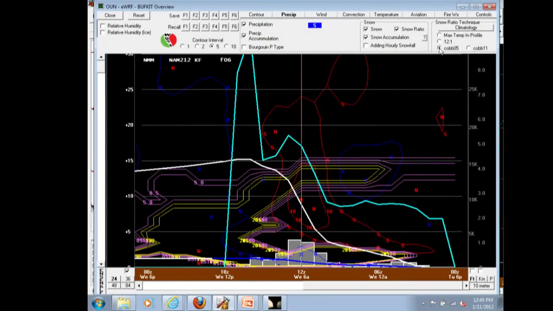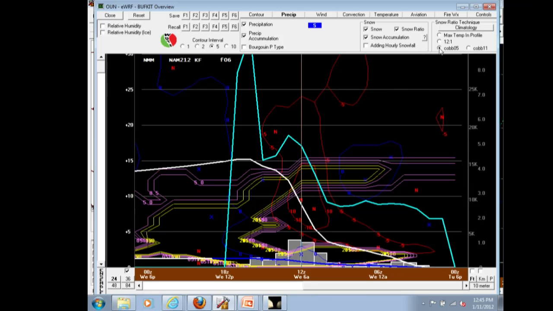Let's go to this one here. Now we're going to look at a ratio. This is a scheme that started out with actually a PhD dissertation from McGill University in Montreal. And then it was converted to operational use by Dan Cobb, who was the SOO in Caribou when he did his work. And he teamed up with Jeff Waldstreicher in Eastern Region.